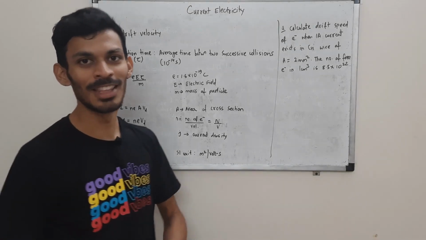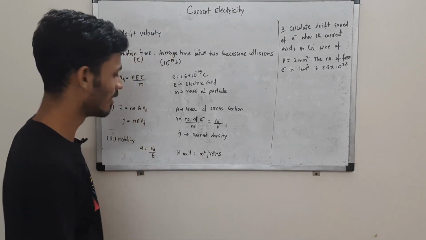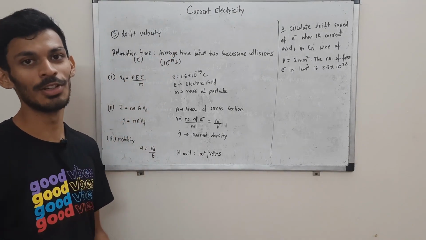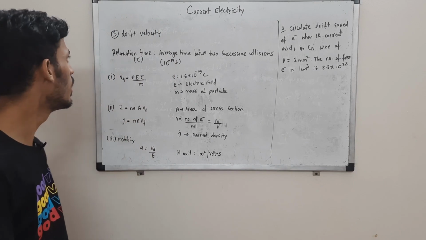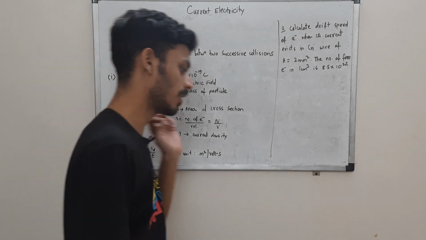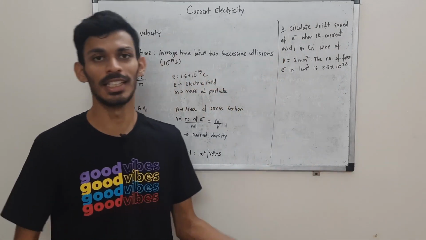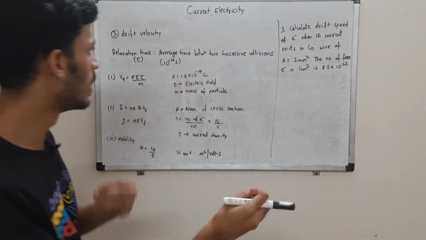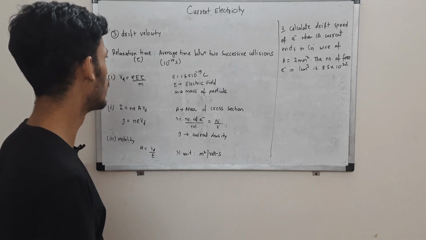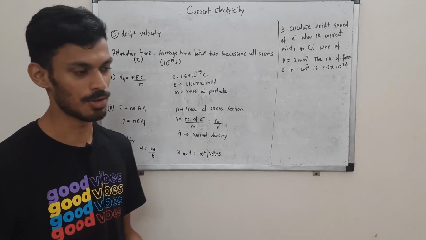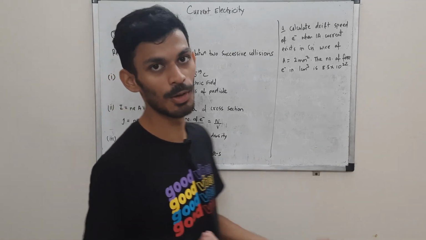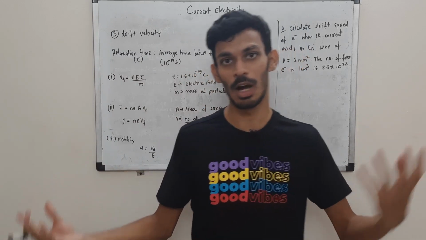So coming to topic number 3, here we will be discussing different relations having to deal with the drift velocity, which you just learned. First of all, we'll see what relaxation time is. It is the time between two successive collisions, between two consecutive collisions. For the electrons, we know that the electron is frequently colliding with the atoms and other electrons or ions.